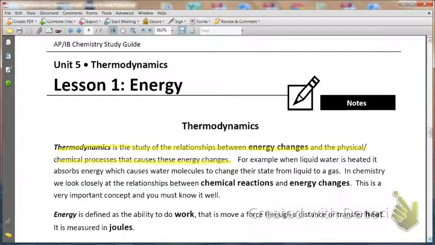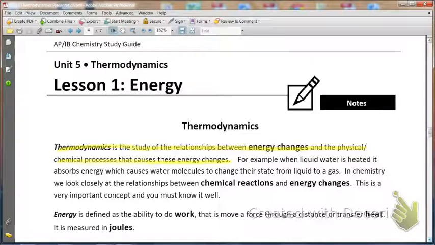For example, when liquid water is heated, it absorbs energy that causes water molecules to change their state from a liquid to a gas. And you know this. You know that as liquid water absorbs energy, it's going to cause those water molecules to move faster and eventually move into the gas state.